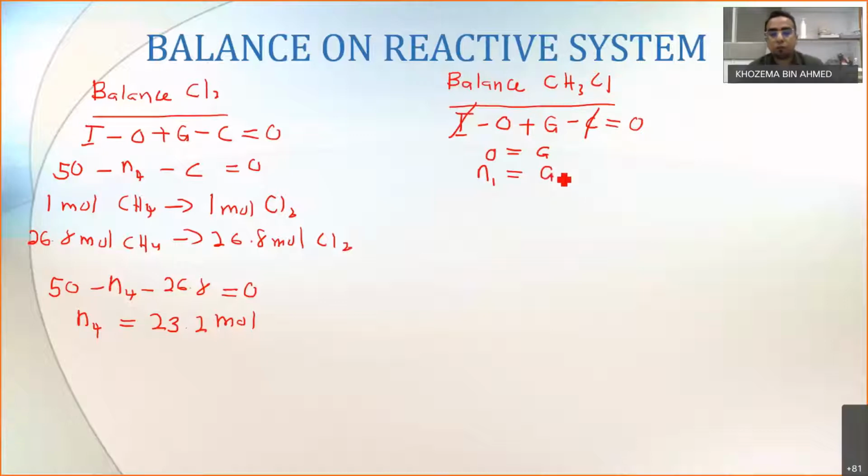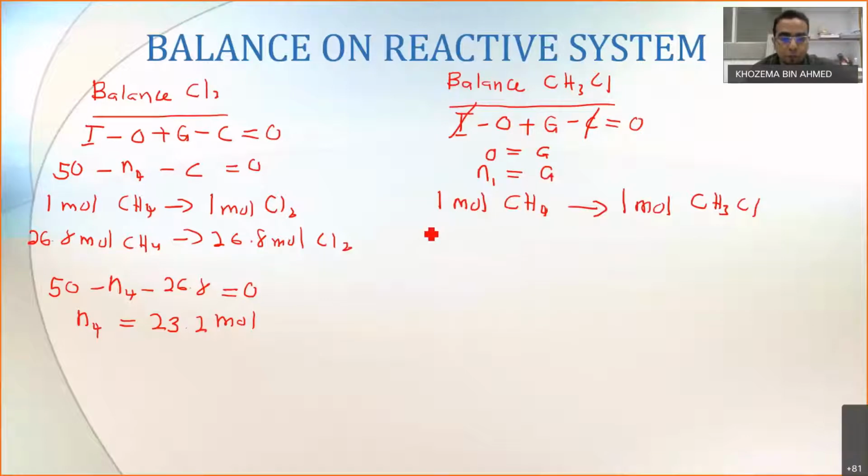So how do we find our generation? The same thing, we use our stoichiometric coefficient and stoichiometric ratio. We say that 1 mole of methane will generate 1 mole of chloromethane.